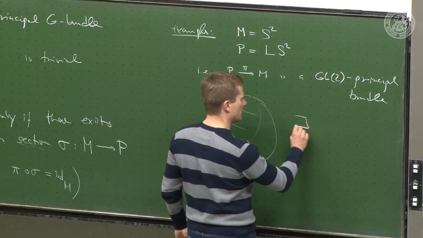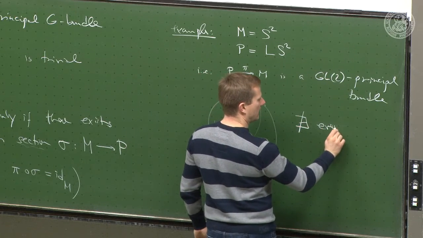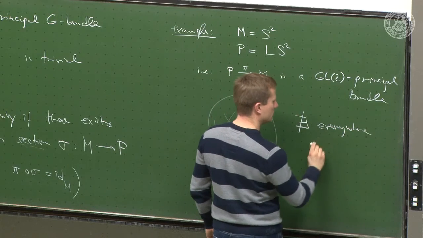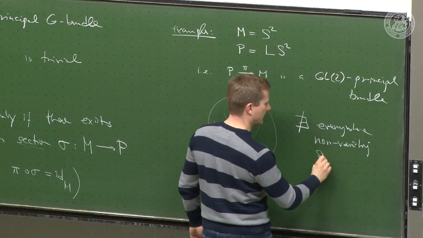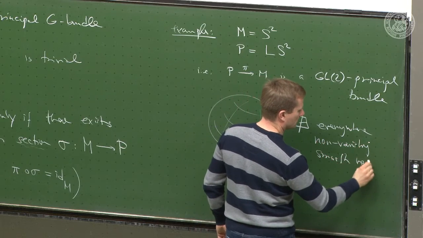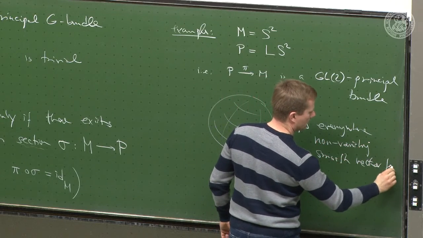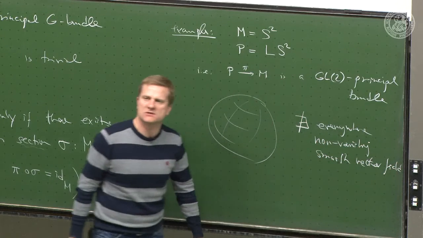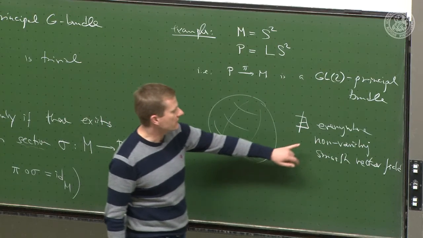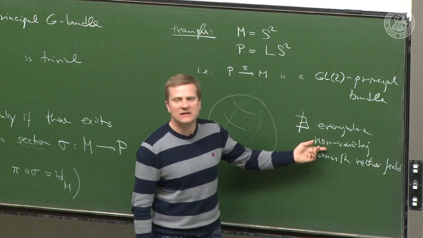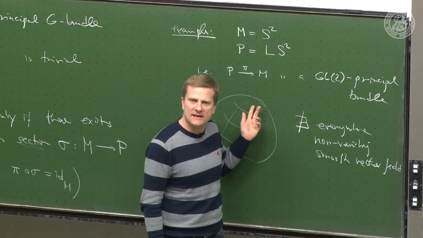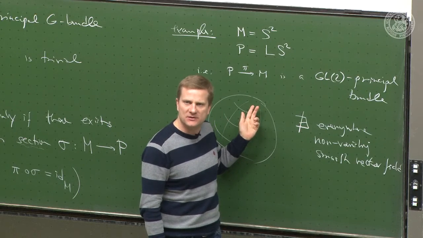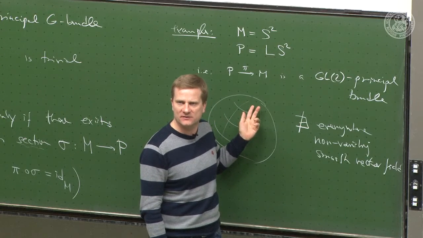So there exists no everywhere non-vanishing smooth vector field. You remember, you can't comb a sphere. But if there is not even one non-vanishing smooth vector field, much less are there two linearly independent, separately non-vanishing smooth vector fields.